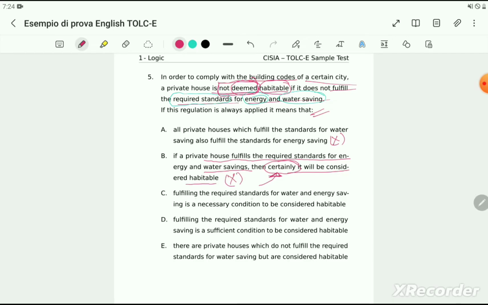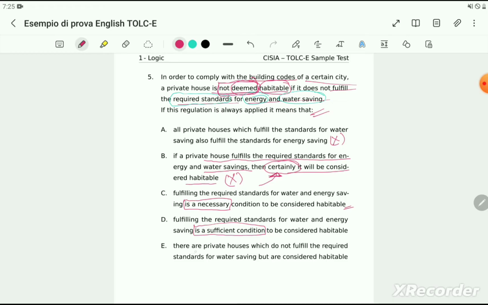Fulfilling the required standards for water and energy savings is a necessary condition to be considered habitable. Is a necessary condition, not a certain condition. It could be, we don't know. Let's read out the remaining two. Fulfilling the required standards for water and energy saving is a sufficient condition to be considered habitable. Is it a sufficient condition?